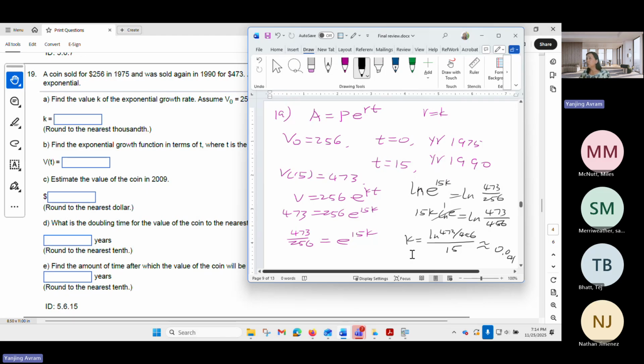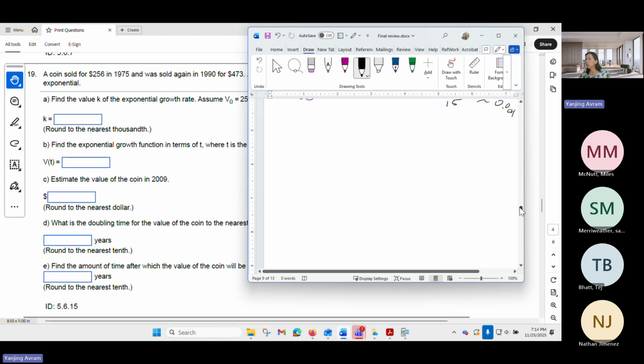All right. So after calculating this growth rate, now we can write down B of t. Okay, the second one here, B of t will be 256 e to the K, K is 0.041 t. All right, so now we got this equation. Okay, and then we can go estimate this whole thing. Estimate what's the value in 2009. All right, so you're gonna go see 2009. How much is t?